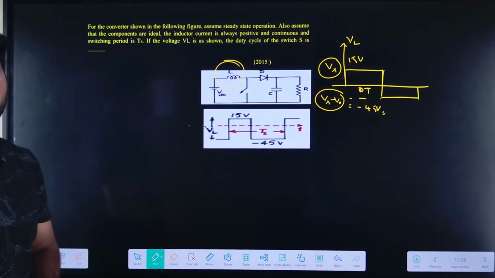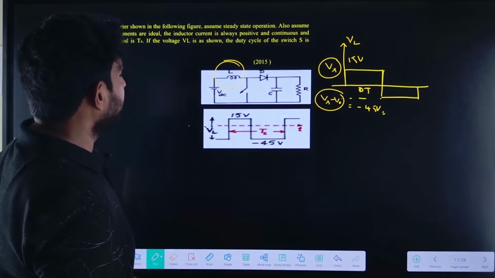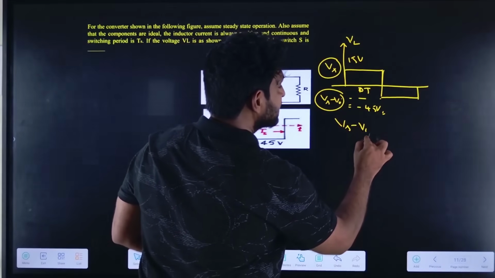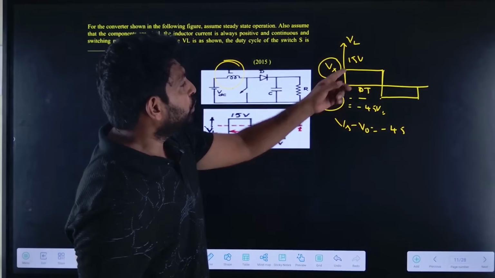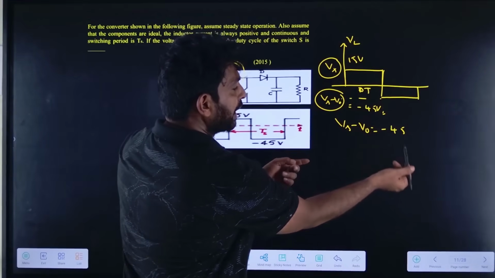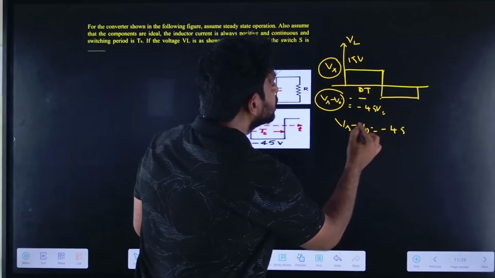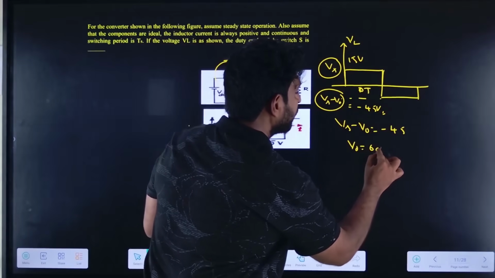Now let us find V0. Vs is 15, and if minus 45 comes to this side, it will be 15 plus 45. So V0 equals 60 volts.